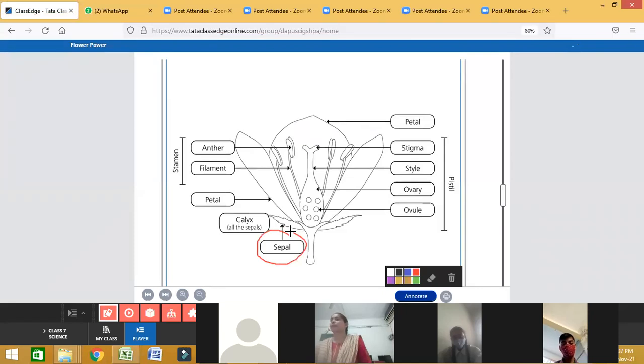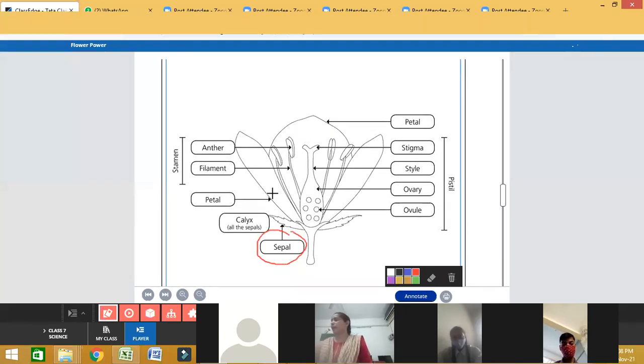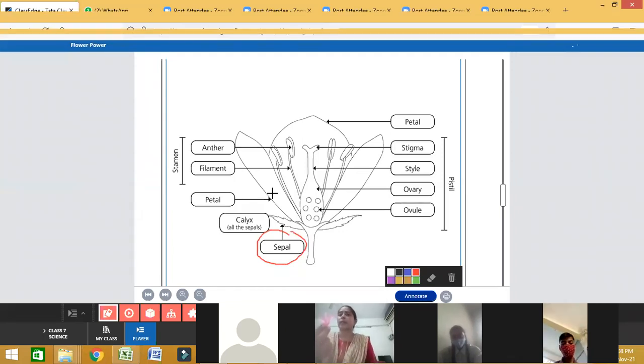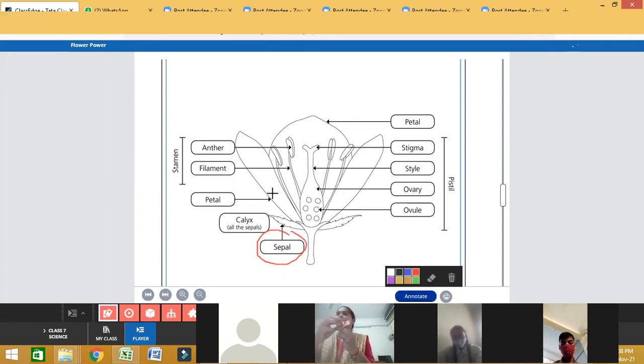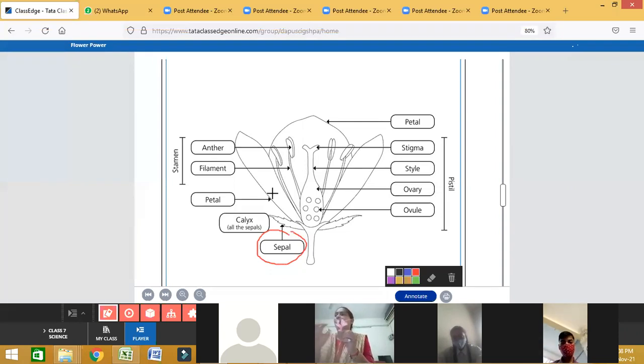The green part is the sepal. And the colorful part, in this China rose, 5 petals are there. How many petals are there? 5 petals are there. So this colorful part is the petals.